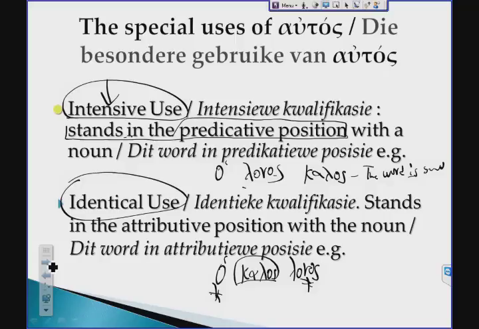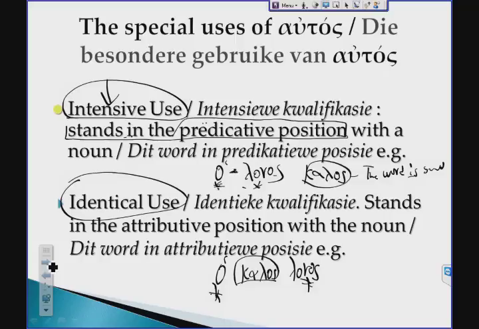If you find autos occurring somewhere, you must first determine whether it is inside the article and the noun or outside, and then you will know how to translate it. If it stands outside, that means it is predicative. Outside these two things.